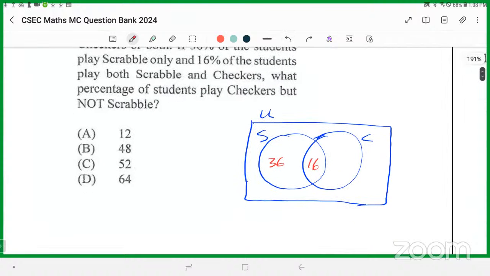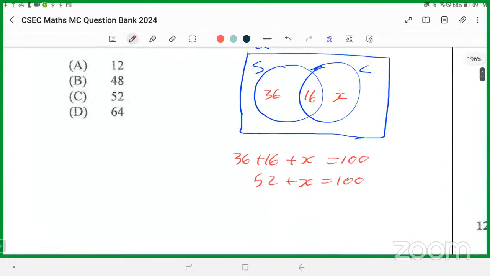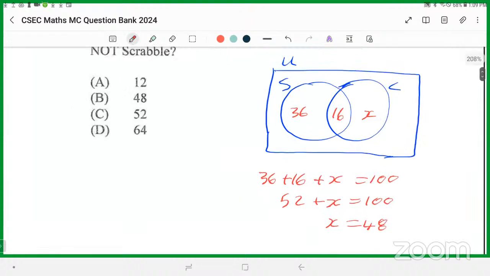So if the value right here is X, then 36 plus 16 plus X must equal 100. This works out to 52 plus X equals 100, so X is 48. The answer is 48%.